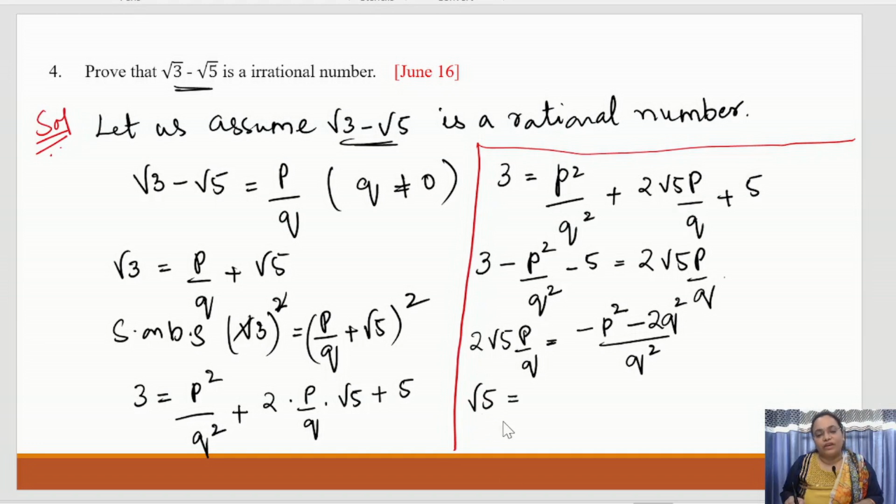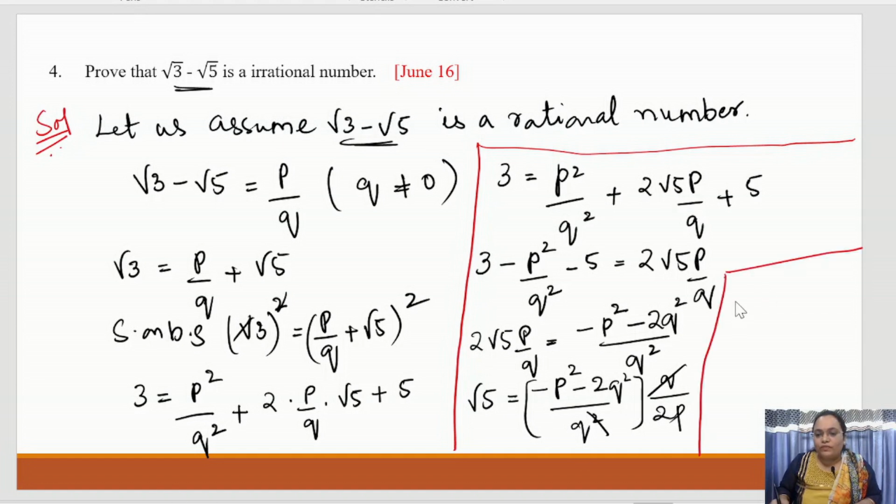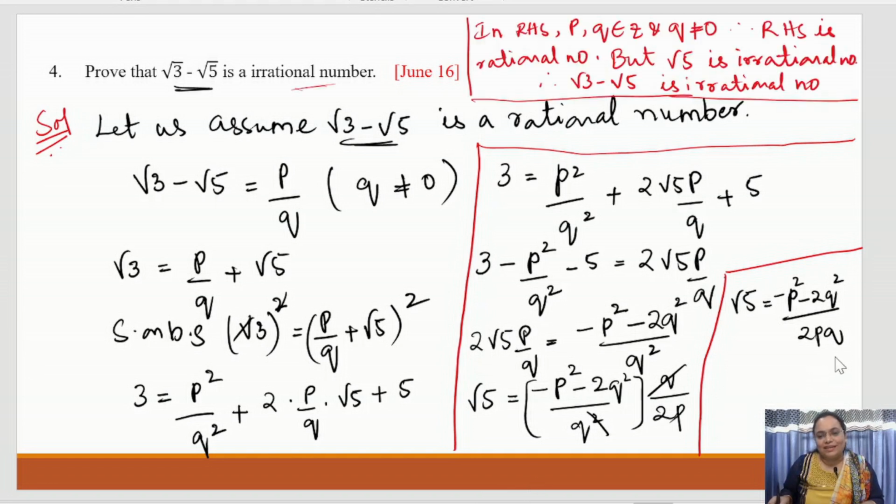We will keep root 5 in LHS and send 2p by q to RHS. So this will be minus p square minus 2q square by q square into q by 2p. So 1q and 1q will get cancelled. So you will have root 5 is equal to minus p square minus 2q square by 2pq.